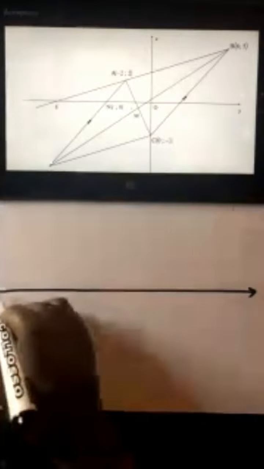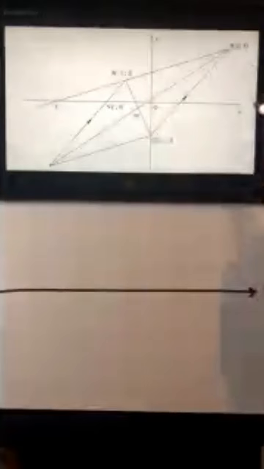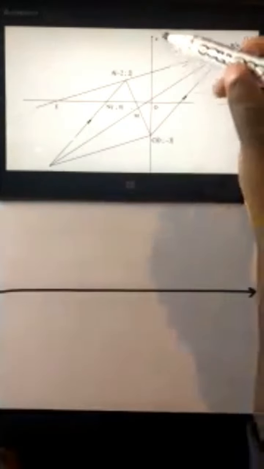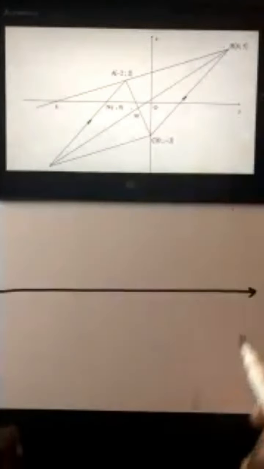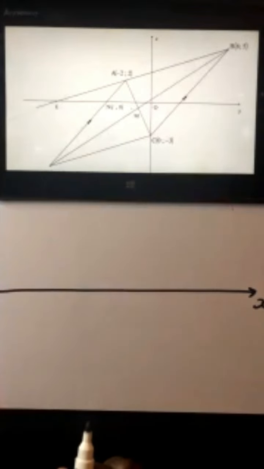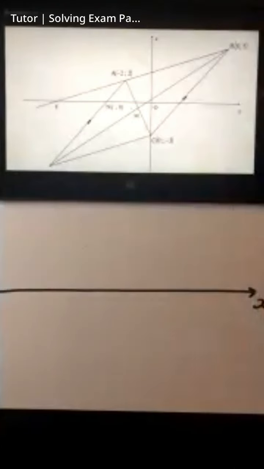Obviously, we know the horizontal axis refers to the x-axis, though it seems like on the question paper they made a mistake over there. Can you see? We've got our horizontal line represented by y, and our vertical line represented by x. Let's correct that mistake: on a Cartesian plane, the horizontal axis is represented by the x-axis. Guys, are you able to see that point over there and that point over there?